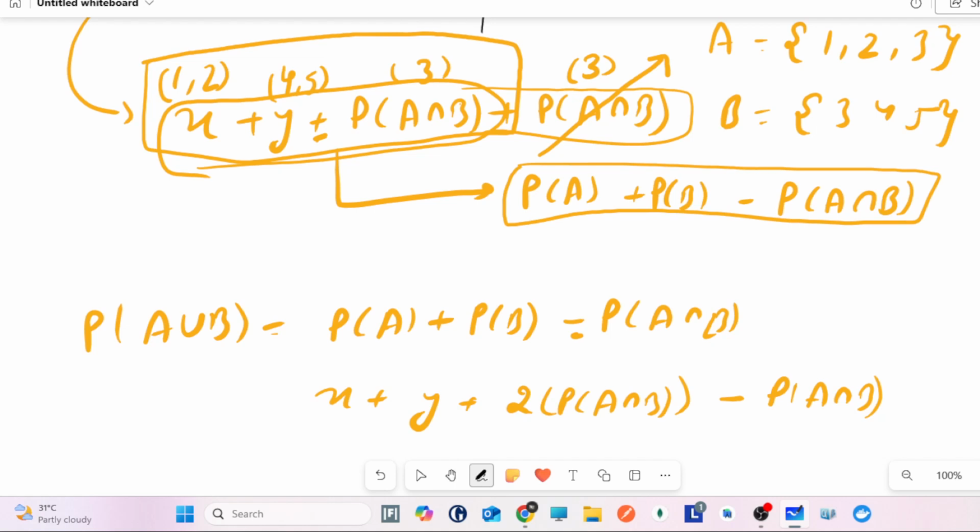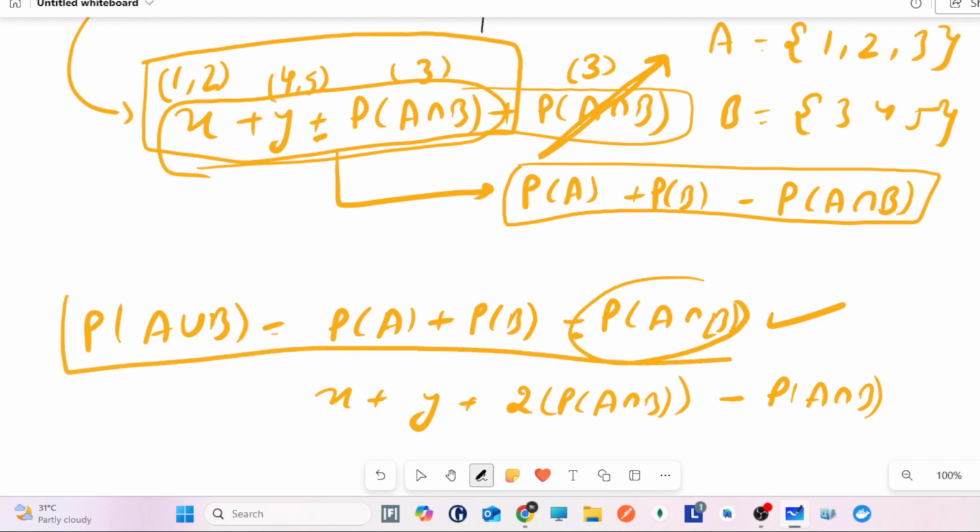So we have to neglect one element. How can you neglect this element? Just subtract the single extra unit, so that will turn out to be this formulation.